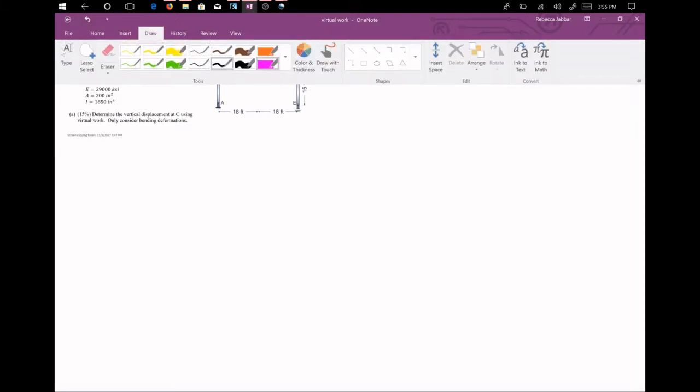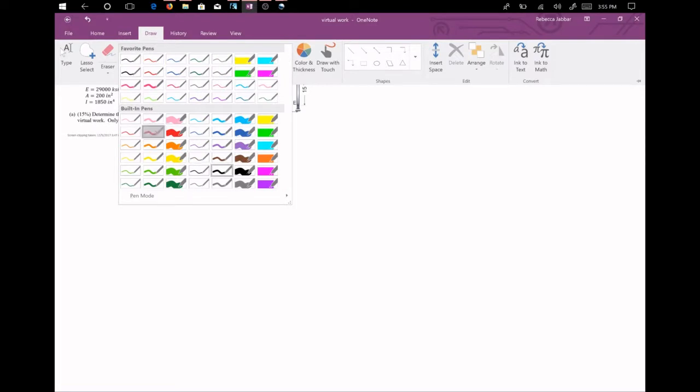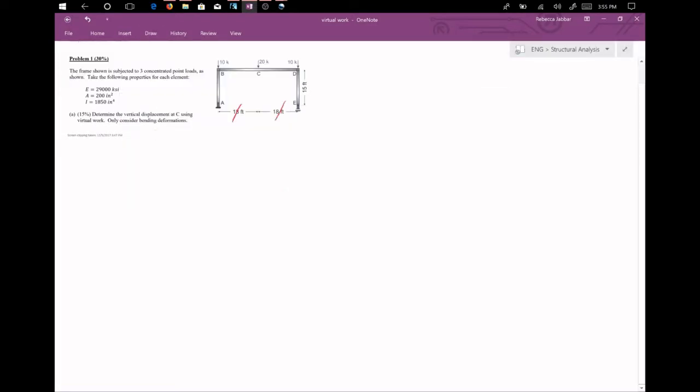Just like the other video, let's change the units of our dimensions to match our units over here. So these will all change to inches. It's just always a good first thing to do so we avoid any problems.